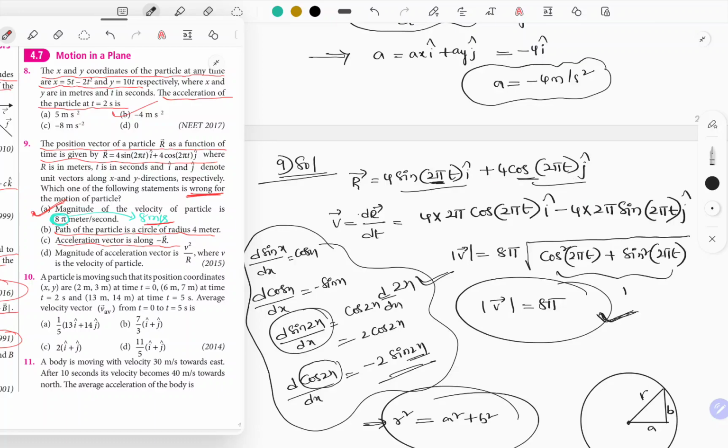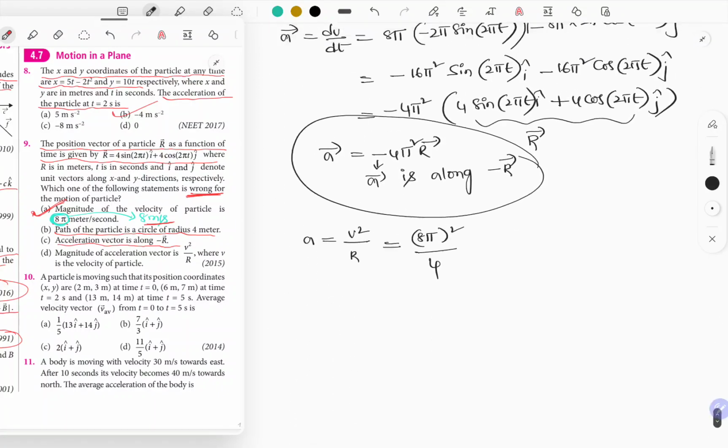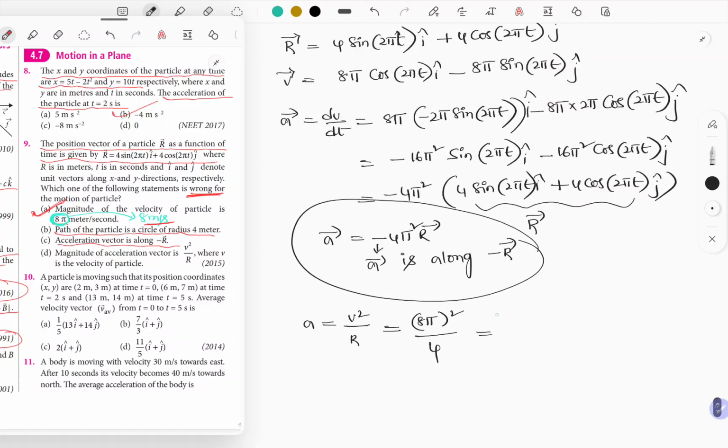Sine square theta plus cos square theta will become 1. You are going to get root of 4 square, which will cancel out. Finally you are going to get 4. So 8 8s are 64 pi square divided by 4, and you are going to get 16 pi square.